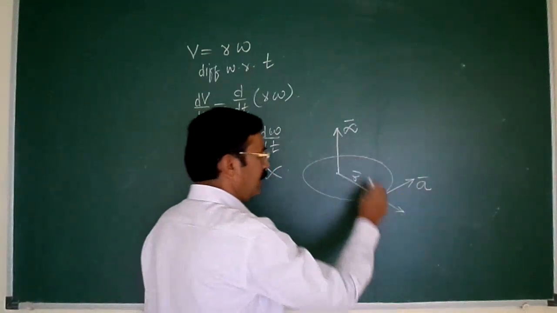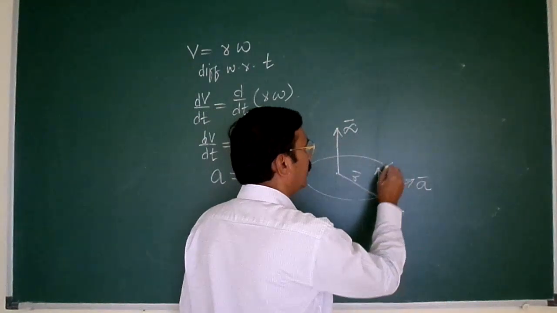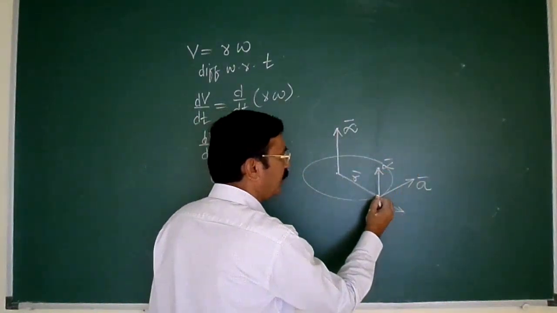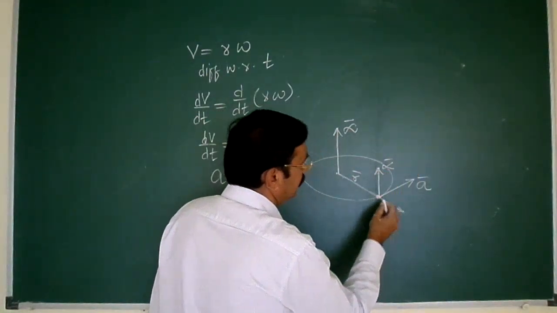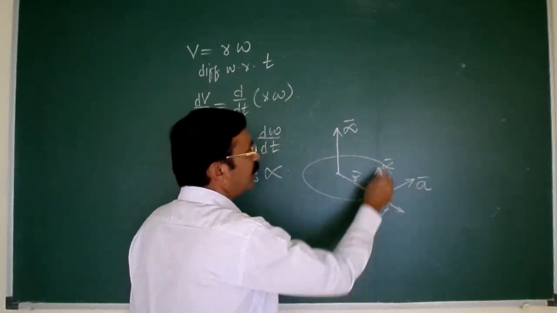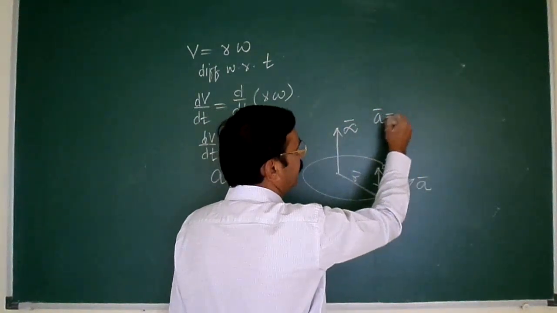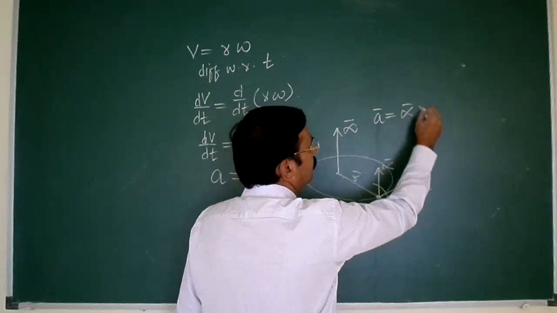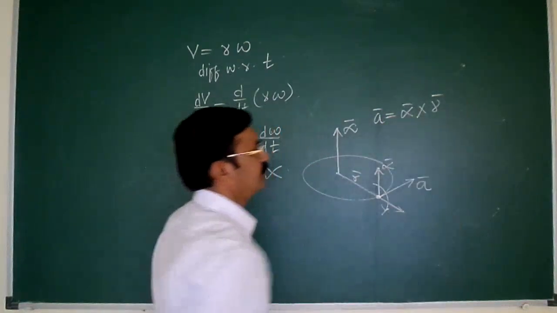And so if we shift alpha vector over here to this point A, then again we are able to write A vector is equal to alpha vector cross R vector.